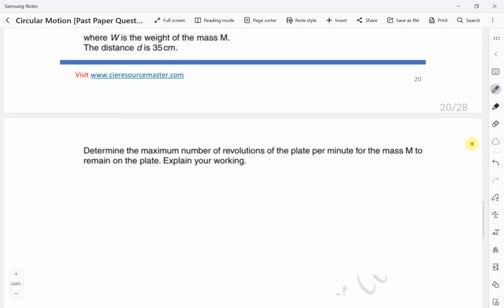So we say the frictional force between the mass and the plate provides the centripetal force.